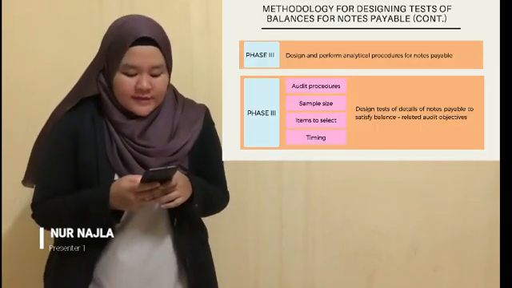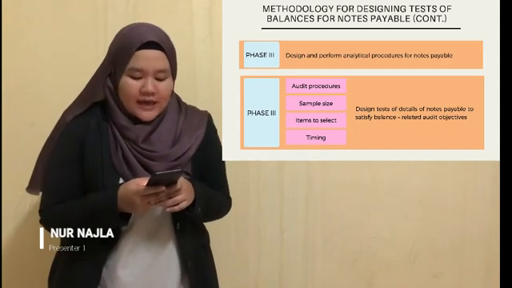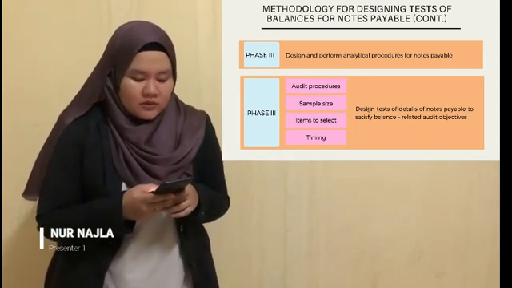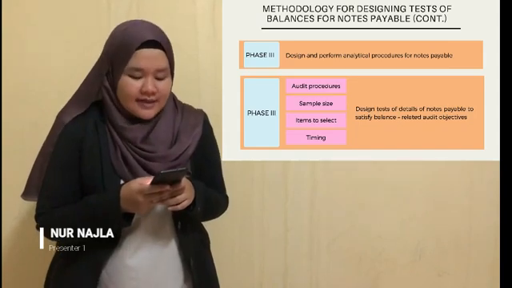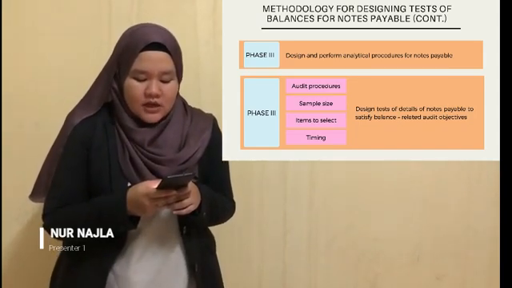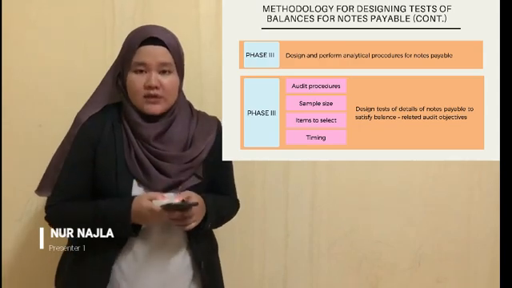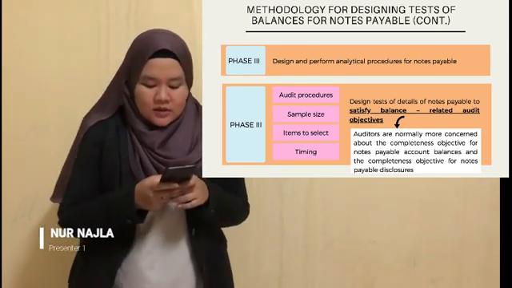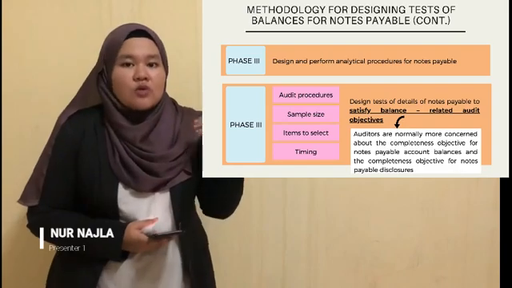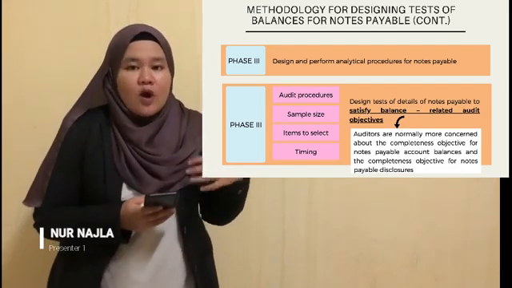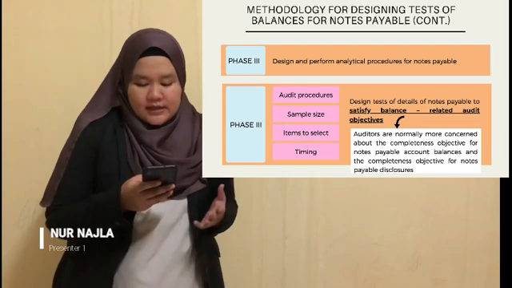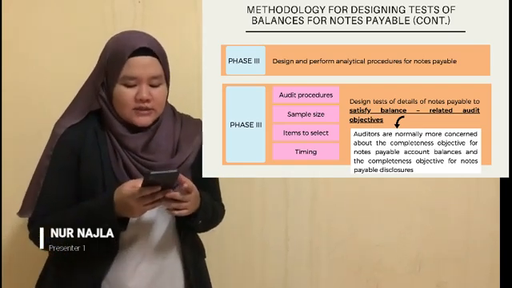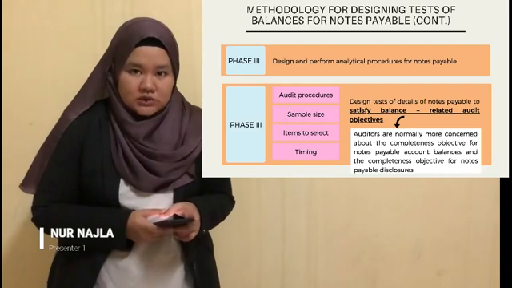Next is phase 3. For phase 3, design and perform analytical procedures for notes payable. And we design tests of details of notes payable to justify balance-related audit objectives. Auditors will normally concentrate more on the completeness objective for the notes payable account balance and the completeness objective for notes payable disclosure.